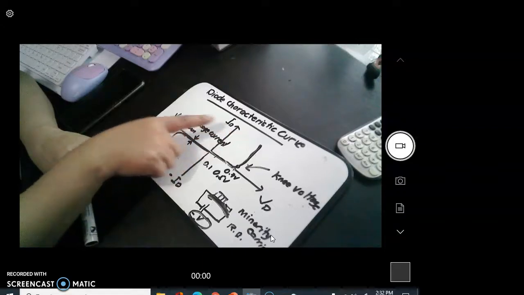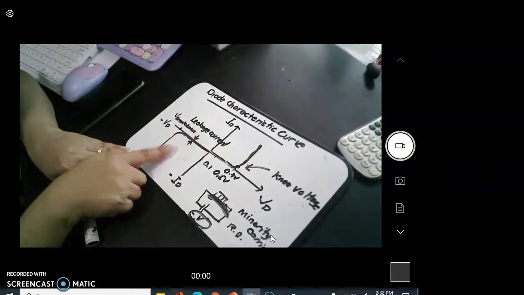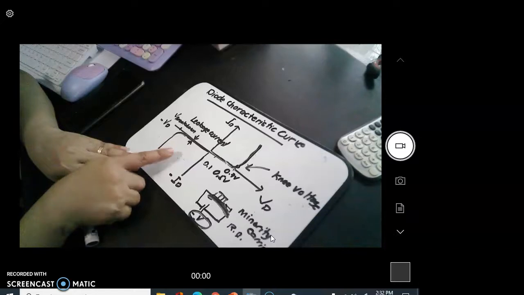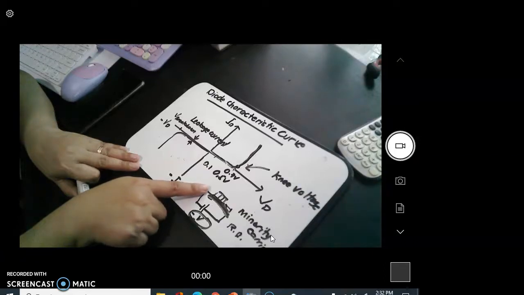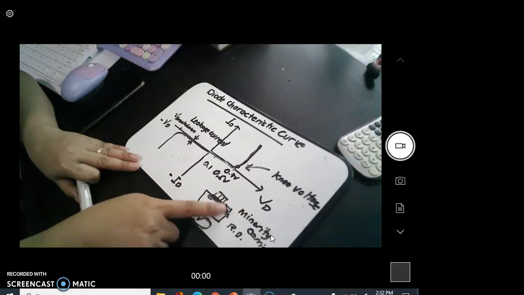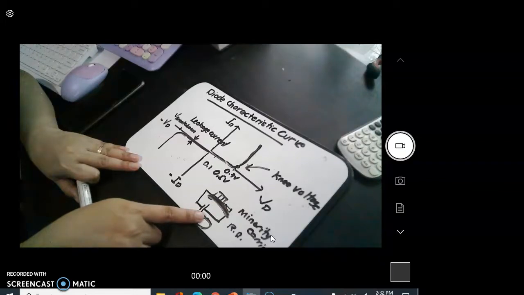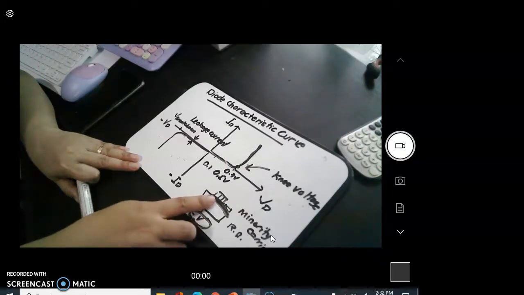On the other hand, applying a reverse voltage means the negative terminal of your voltage is applied to the positive terminal of the diode, and the positive terminal to the negative terminal. That will cause a depletion layer.